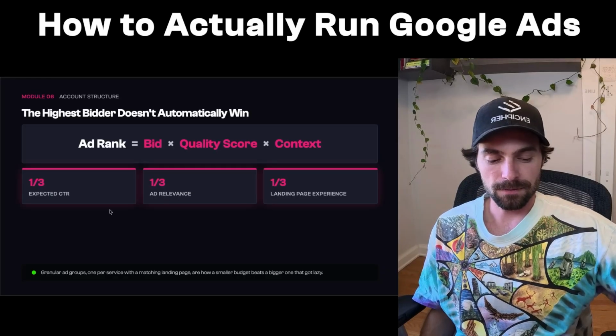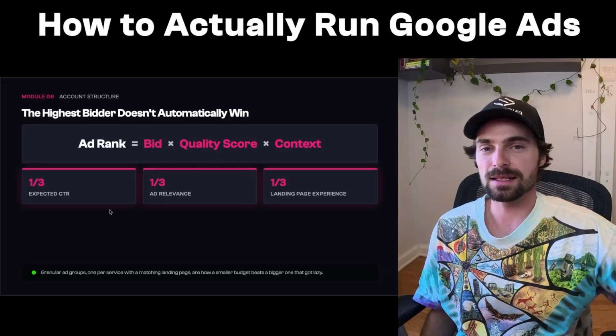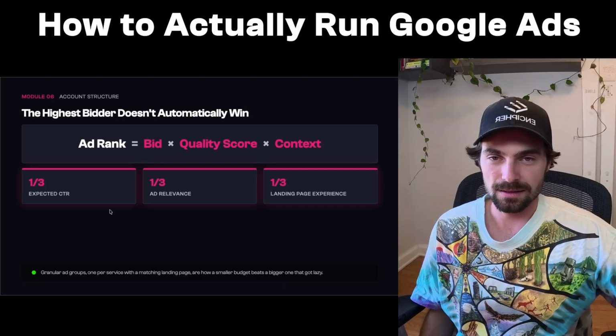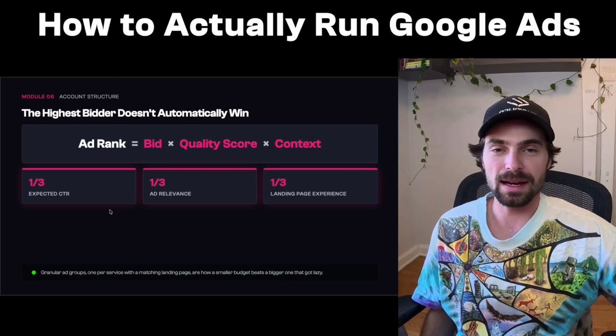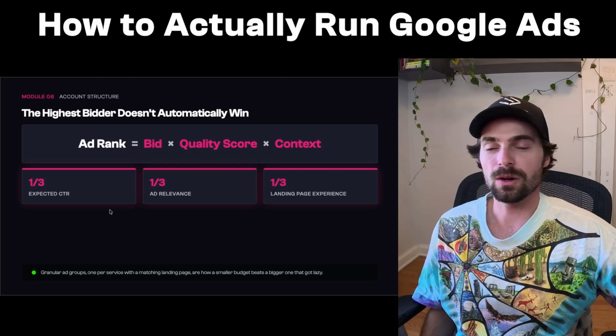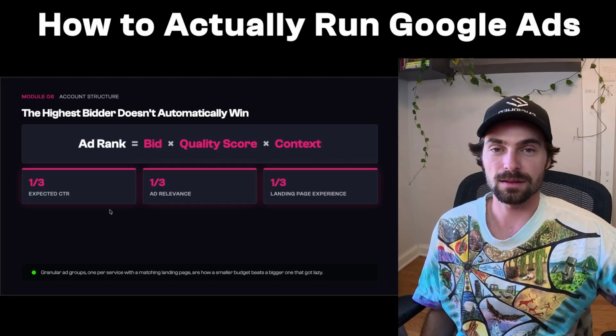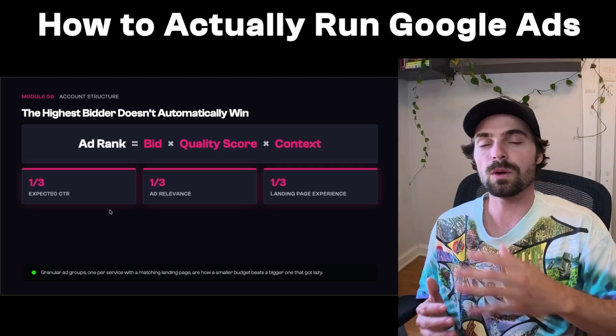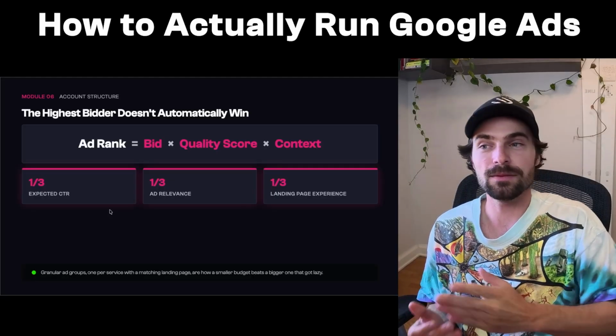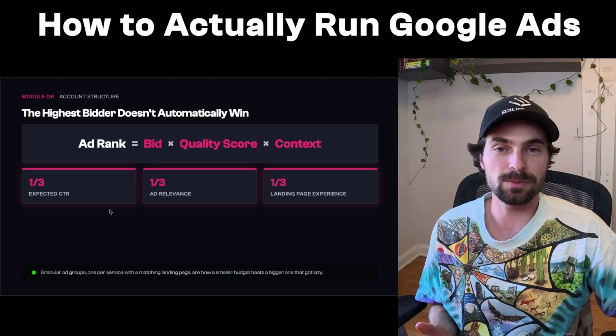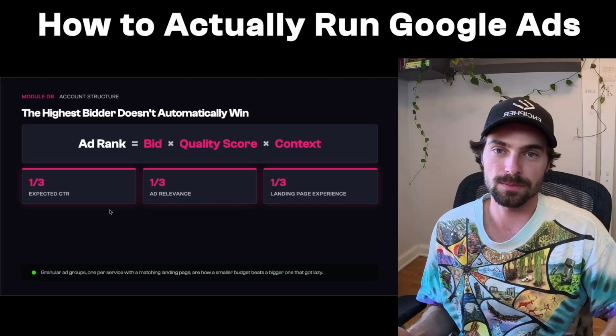But if users are having a bad experience on Google search, they're going to stop using Google, and advertisers are going to pull away spend from Google. So Google rewards advertisers that give users a really good experience in the search results.